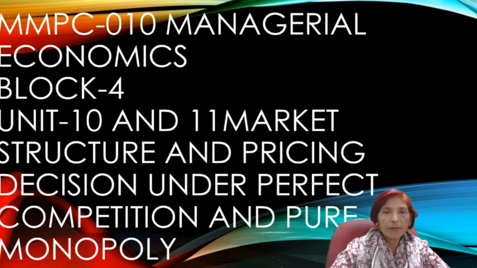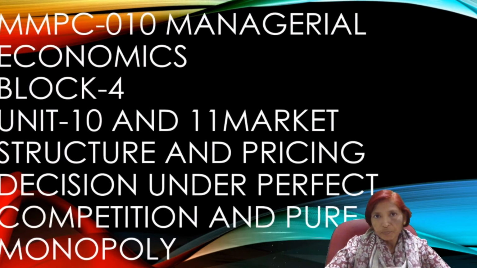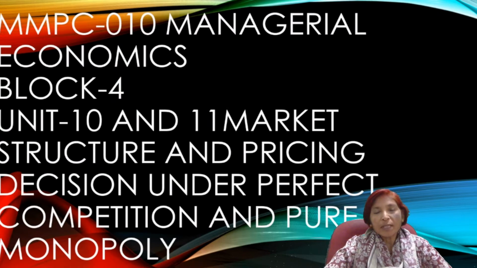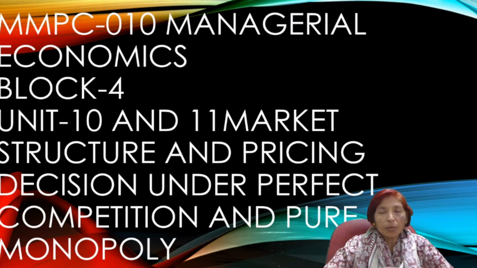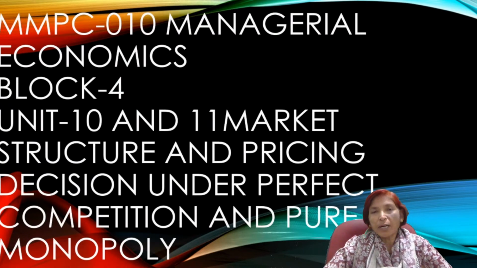So there are different forms of market structure, and we will see how price is determined in them, because price plays a very important role while producing goods and services. If we do not fix a good price, how can a producer get maximum profit?